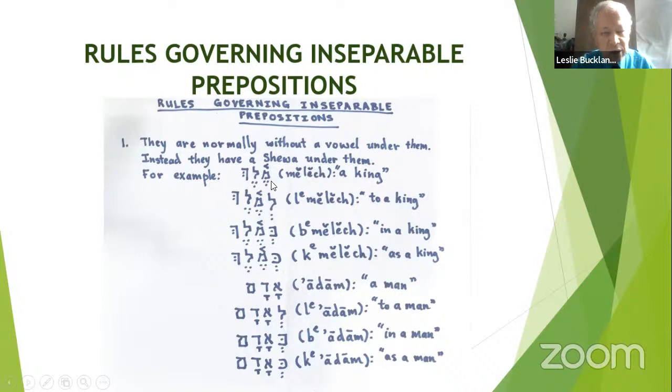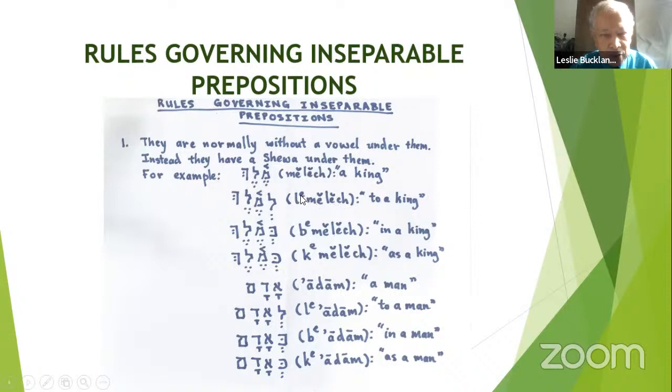For example, here is the noun itself, melech, which means a king. But when you put the inseparable preposition lameth to the noun melech, here is what we have. We have underneath the lameth the simple schwa, and so it is le melech. Now notice that I have put the simple schwa to the right of the L, and it is not on the line with the vowels of melech.